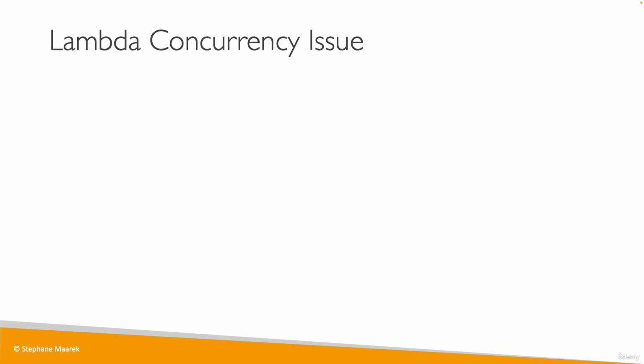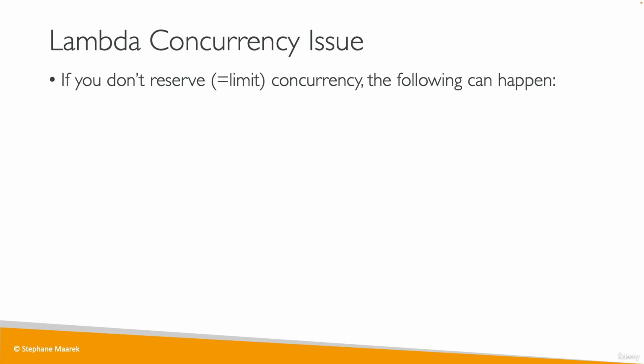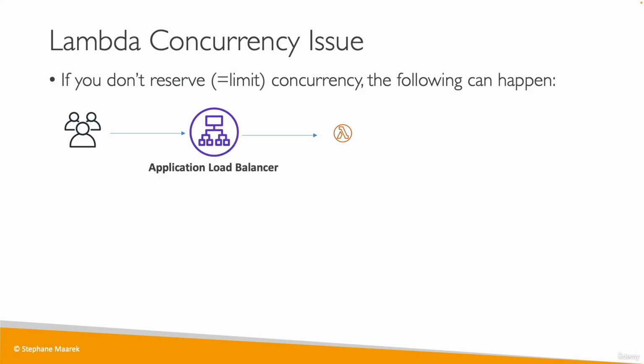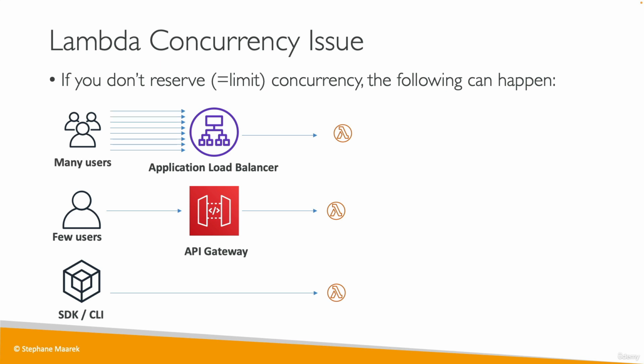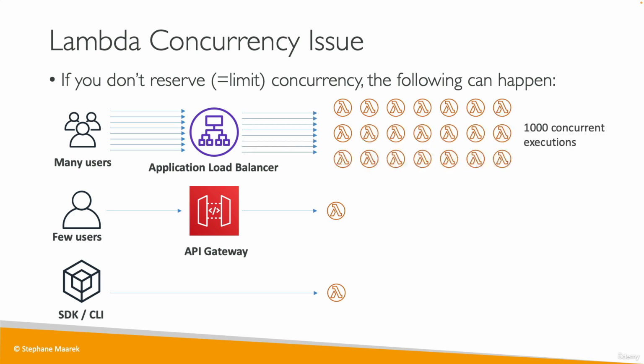Now, we have a Lambda concurrency issue if we don't reserve concurrency. Say we have an ALB with Lambda, we have API Gateway with Lambda, and we also have users using the SDK or the CLI to invoke Lambda functions. This is fine until someday your application on the ALB gets very popular and you have many more users, and all of a sudden you have up to 1000 concurrent executions of Lambda.